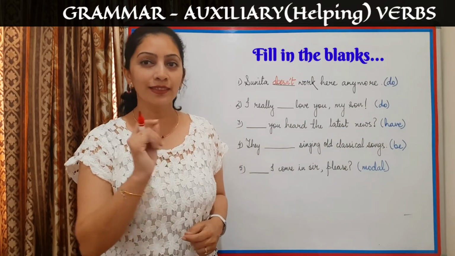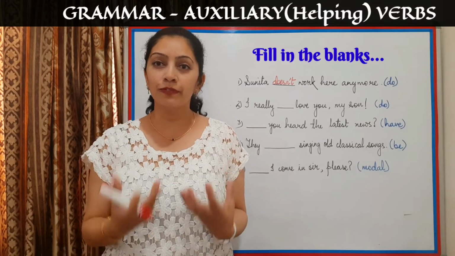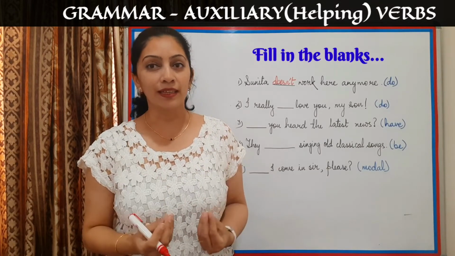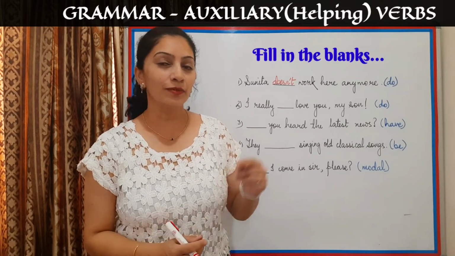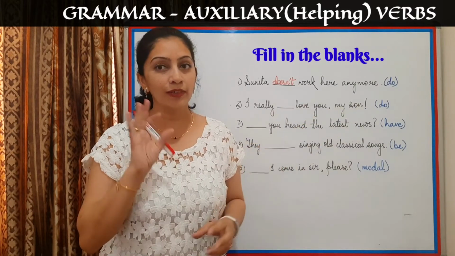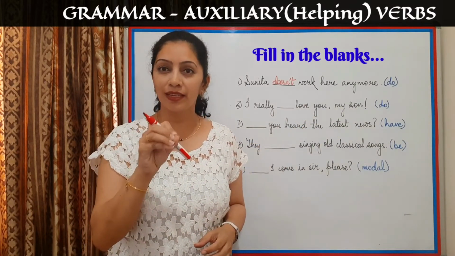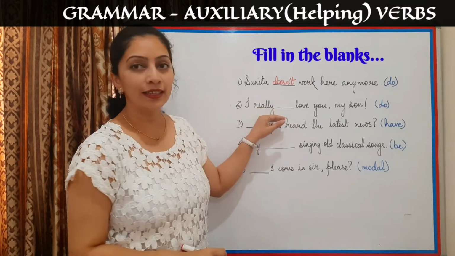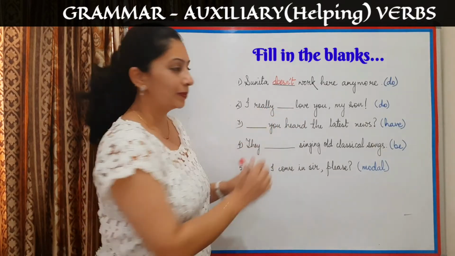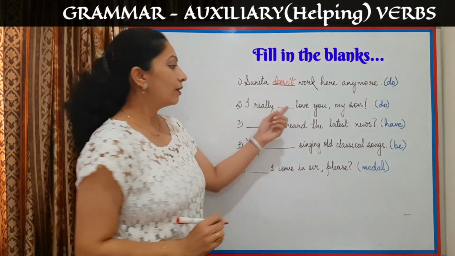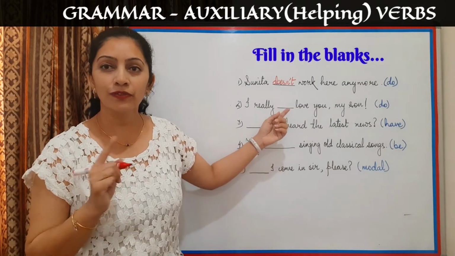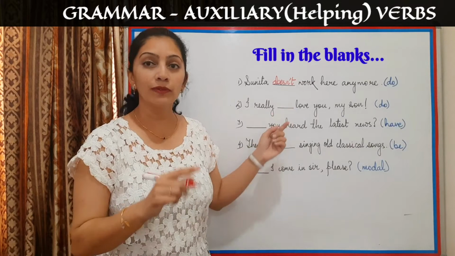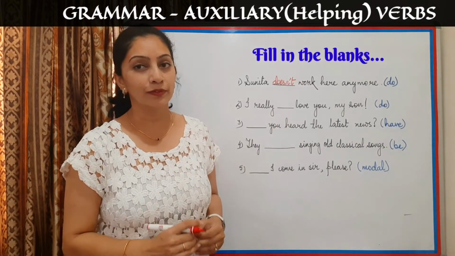Next one, I really dash love you my son, and the verb given is do. Now when you read this sentence, it gives you an emphatic meaning, right? And we can use do to give an emphatic meaning to the main verb. So which form will I use here? I really do, because with I, please remember that whenever you are filling the verb, you should always look at the subject verb first.